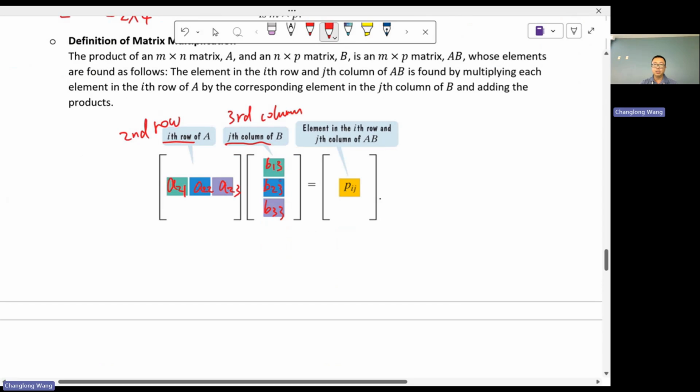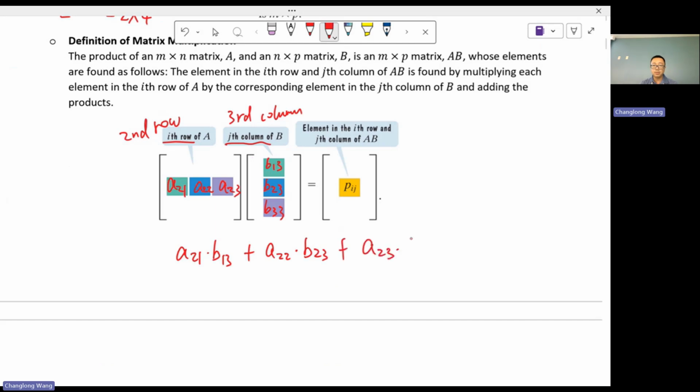So what you're going to do by multiplying the second row and third column is you do A sub 2, 1 times B sub 1, 3 plus A sub 2, 2 times B sub 2, 3 plus A sub 2, 3 times B sub 3, 3, right?